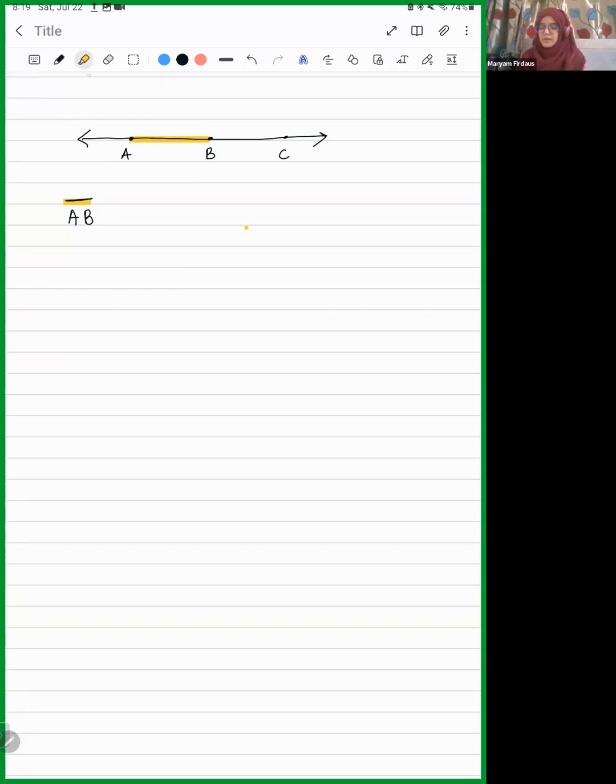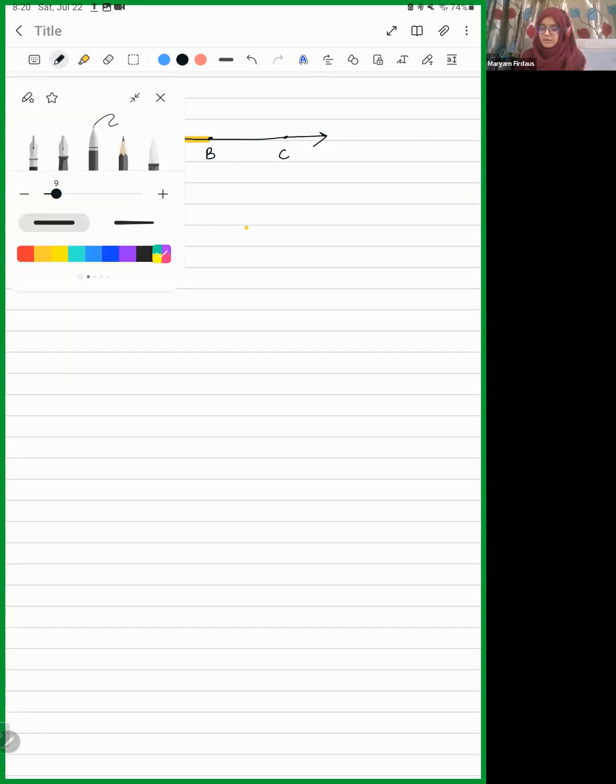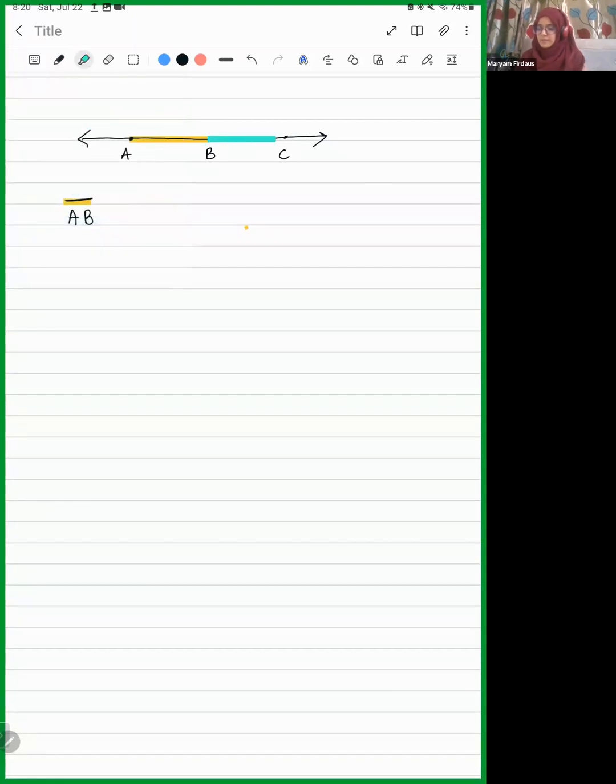Okay, now tell me, what do I call this part, the blue part? Line segment.